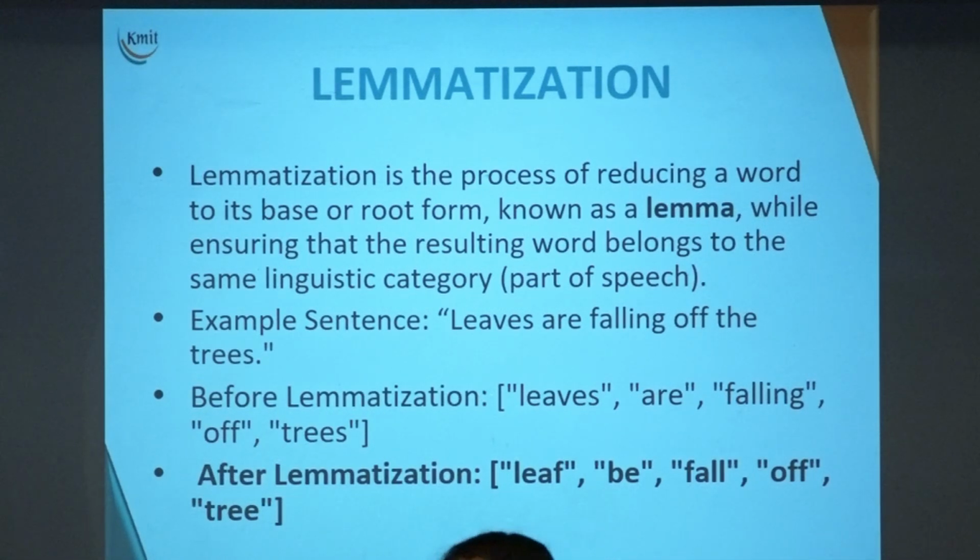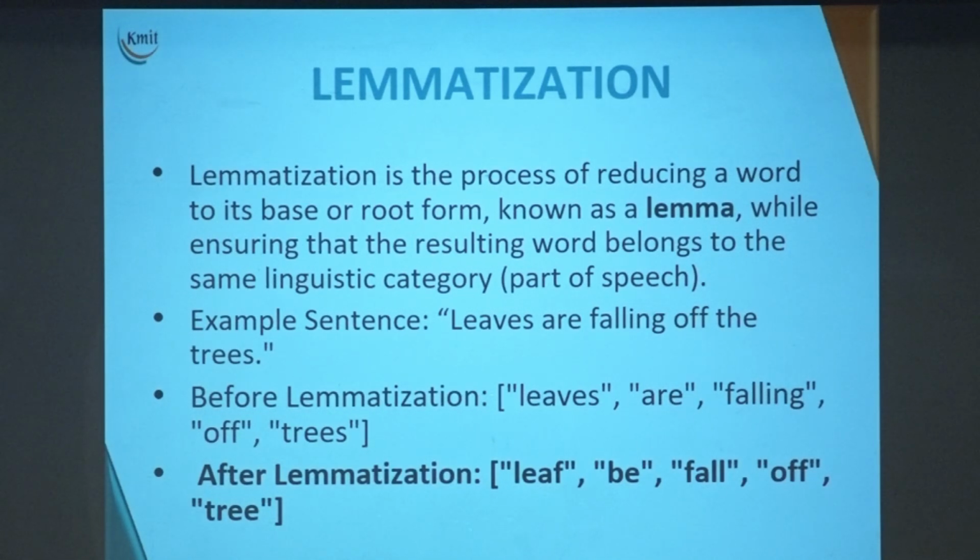You will not say root word, you will say lemma of a particular text. You ensure that the resulting word belongs to the same linguistic category. Fascinating, fascinate. Example sentence here: leaves are falling off the trees.